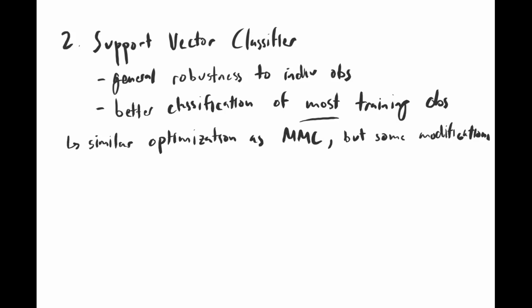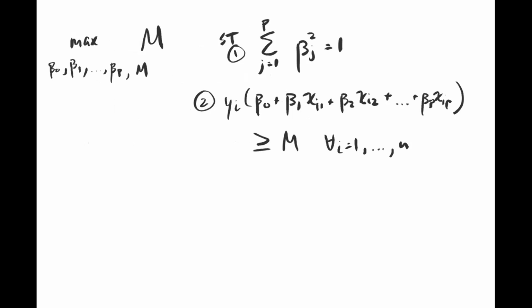So I'll jump back over here. This is the optimization for the MMC. And what the support vector classifier does is it adds a new set of decision variables, epsilon 1 through epsilon n.